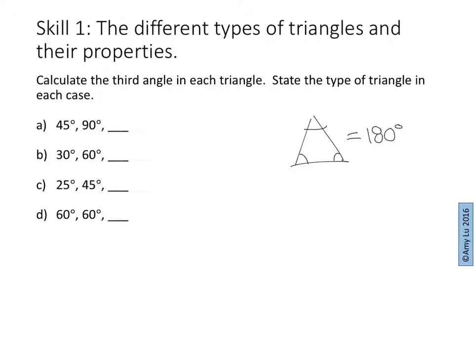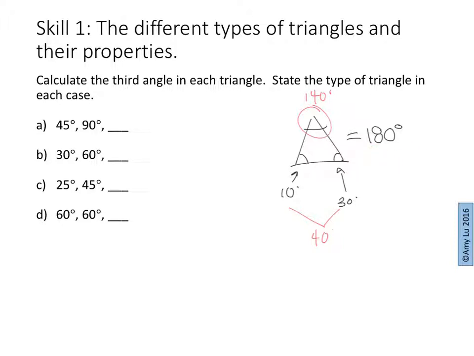So for example, if I had this corner was 10 degrees, this corner was 30 degrees, these two add up to 40 degrees, meaning that this final corner has to be 140 degrees. Now clearly this example is not drawn to scale. It is completely inaccurate to the numbers I've written, but the numbers are just an example to help you understand that all three angles in a triangle must add up to 180.